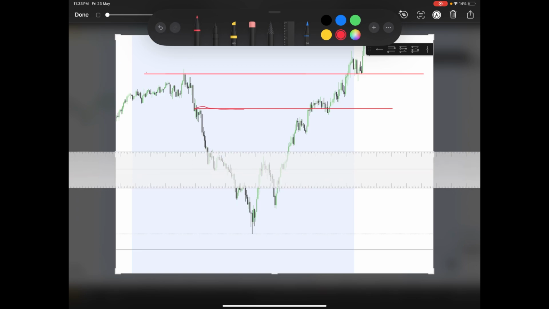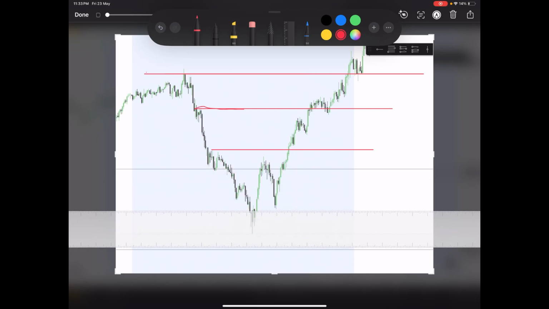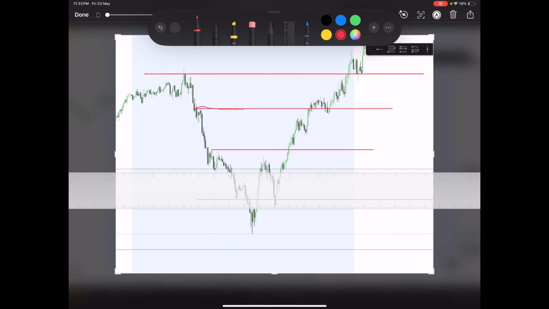This is the equal high here. Then we have the equal lows, these ones here. Have this equal low, and we have this equal low. Okay?